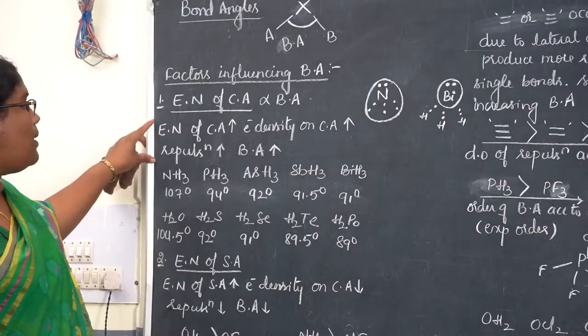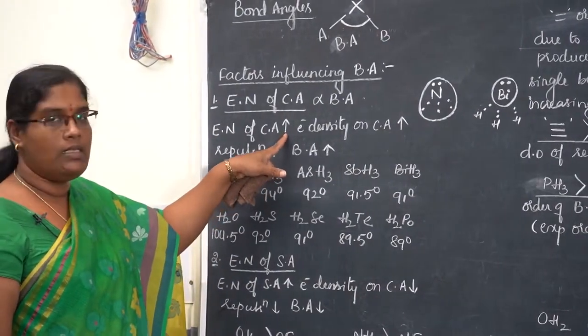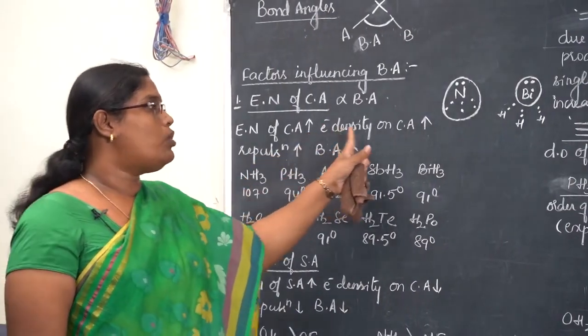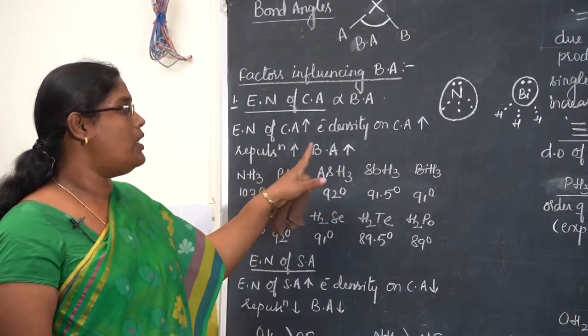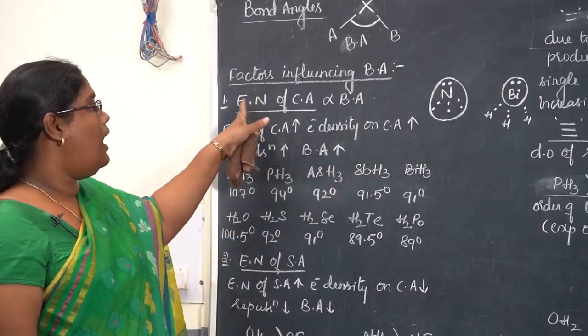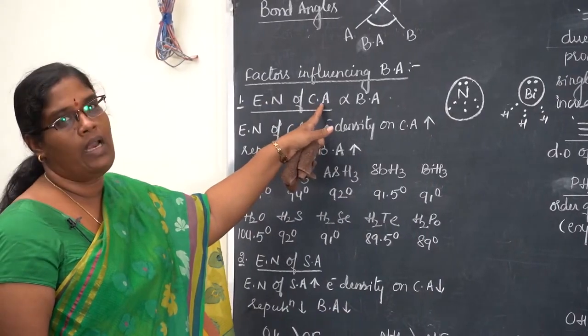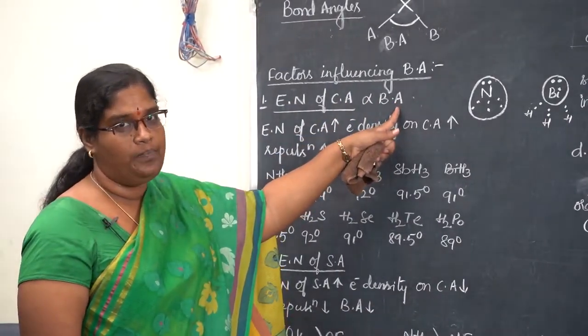That is what we are summarizing here. If the electronegativity of the central atom is increasing, electron density on the central atom increases, repulsions increase, and bond angle increases. So we can say that the electronegativity of the central atom is directly proportional to bond angle.